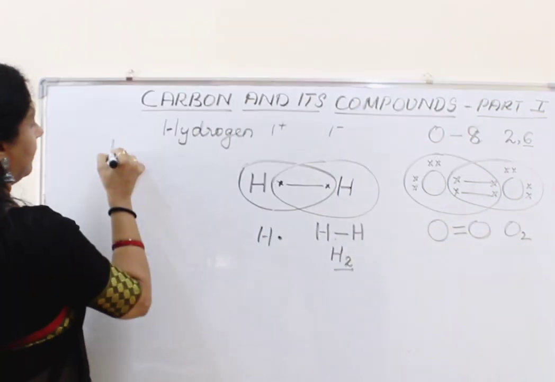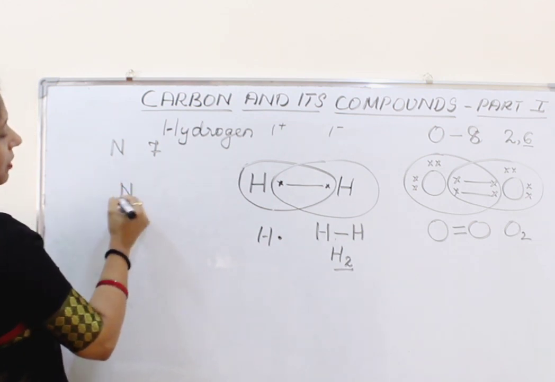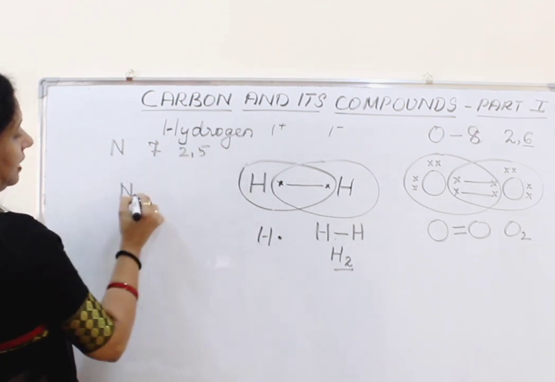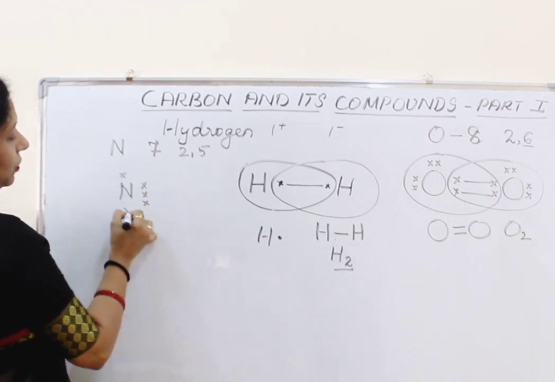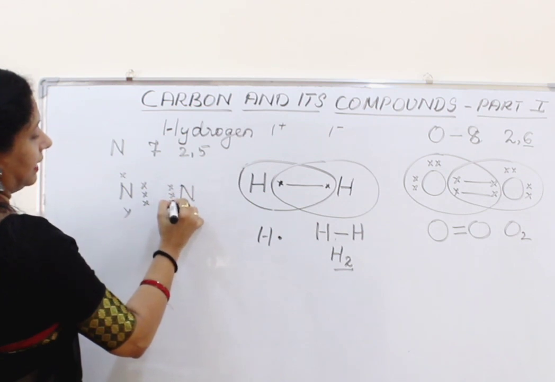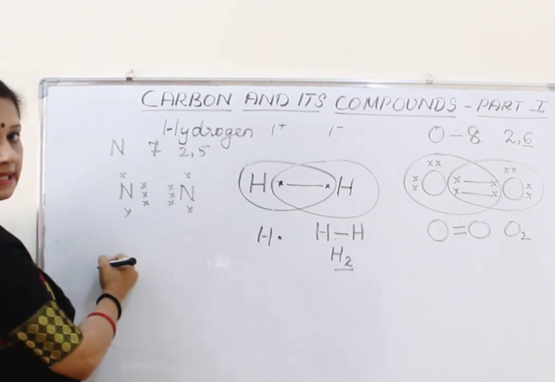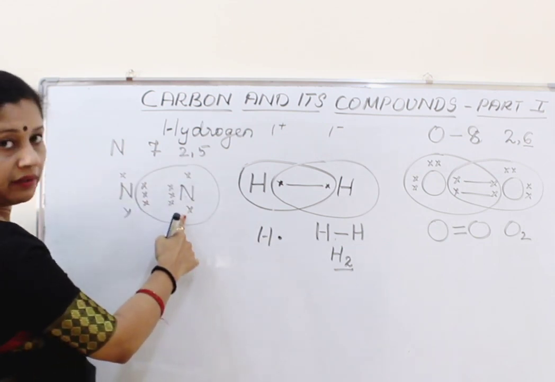Let's look at the case of nitrogen, atomic number 7. The outermost orbital, so 2, 5. It needs 3 more. So I am writing 3 here and 1 or 2, or you can write both, it's up to you. Here also I am writing this side. So sharing is easy. This nitrogen will take 3 more from here, making it a total of 8.